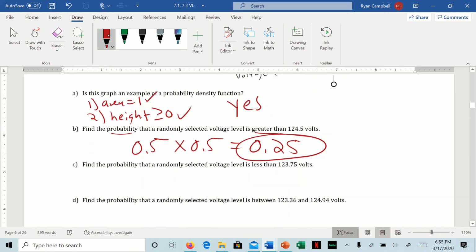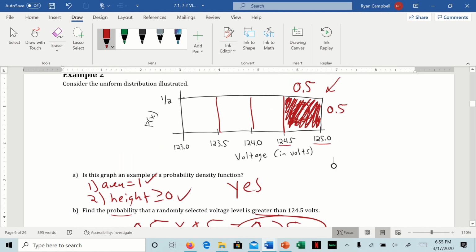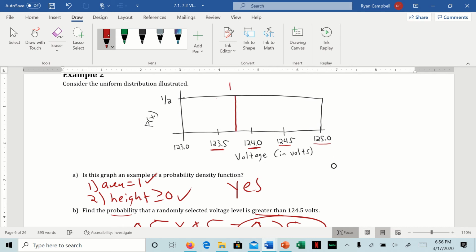Now, find the probability that a randomly selected voltage level is less than 123.75 volts. If you look at the 123.75, that will be right between 123.5 and 124.0. So right here, we got 123.75. And do we want to shade everything to the left of it or to the right of it?